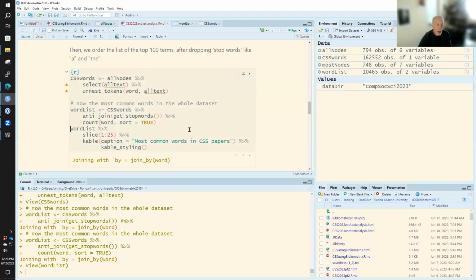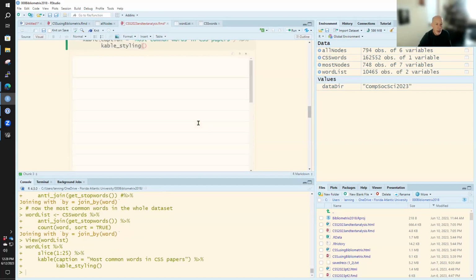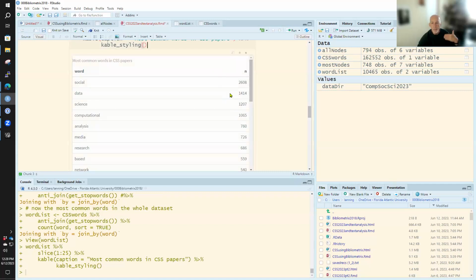And we present that as a table using the kable tool for looking at HTML tables in R. And here's our list. And you see that computational, social, and science are 3 of the top 4 words here.